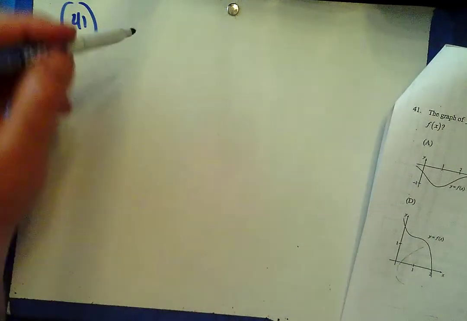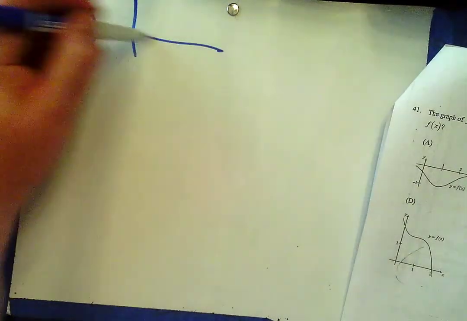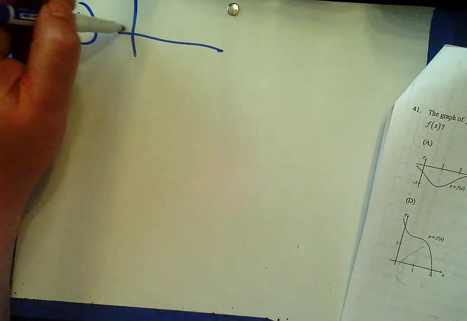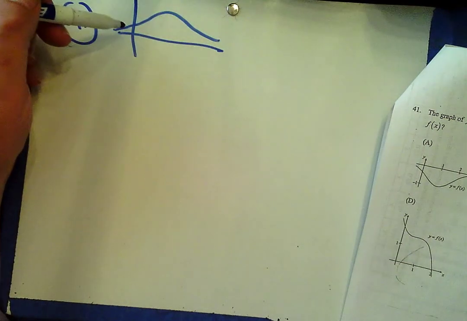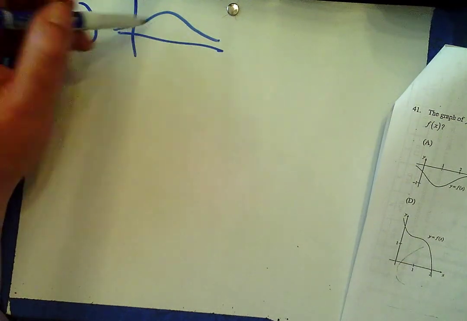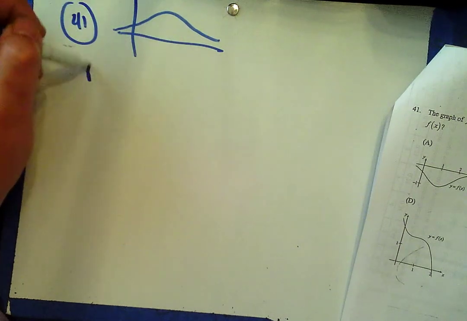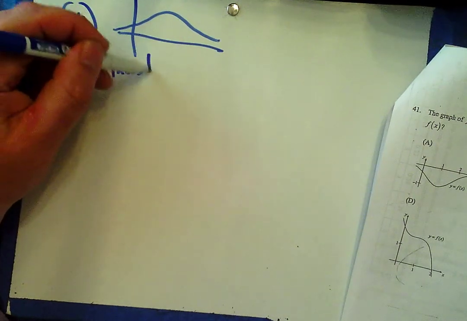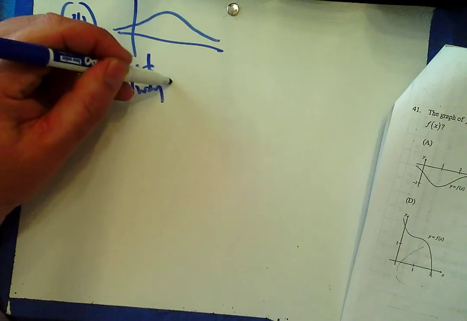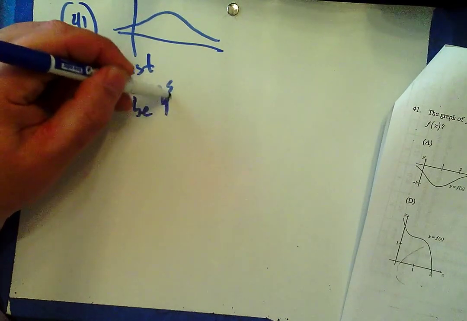Okay, 33. No, 41. How surprising. Which of the following could be the graph of f of x if this is f prime? So I see this f prime graph, and I see that f prime is always above the x-axis. So f must always be increasing.